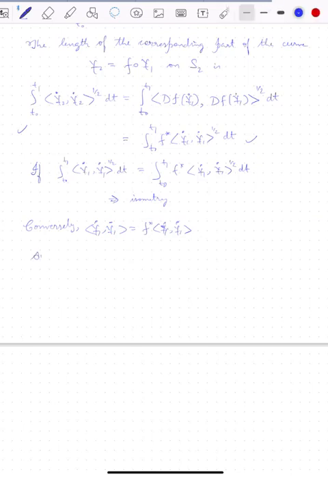Now, since any tangent vector v to S1 is the same as the tangent vector of a curve on S1, it means that it implies that v dot v comma v is equal to F star.